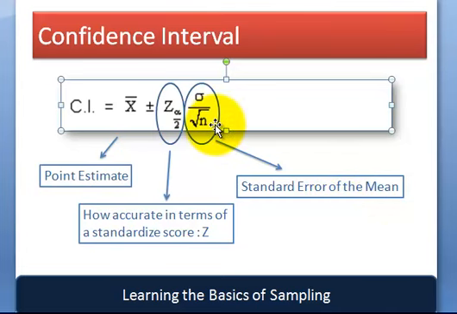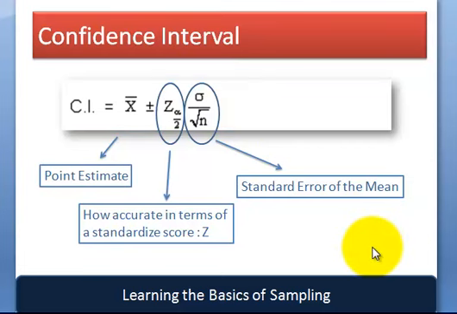And this last piece over here, this standard deviation divided by the square root of n, is our standard error of the mean. You're going to have statistical tools that'll do most of this for you, and the videos on all the examples will walk you through that.